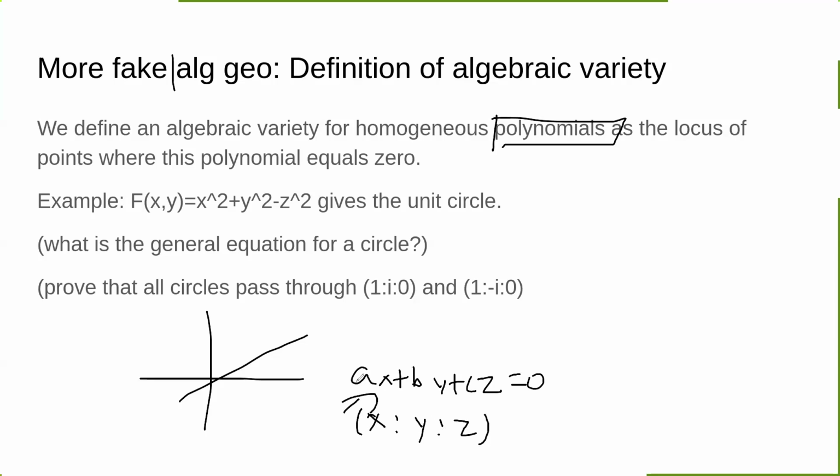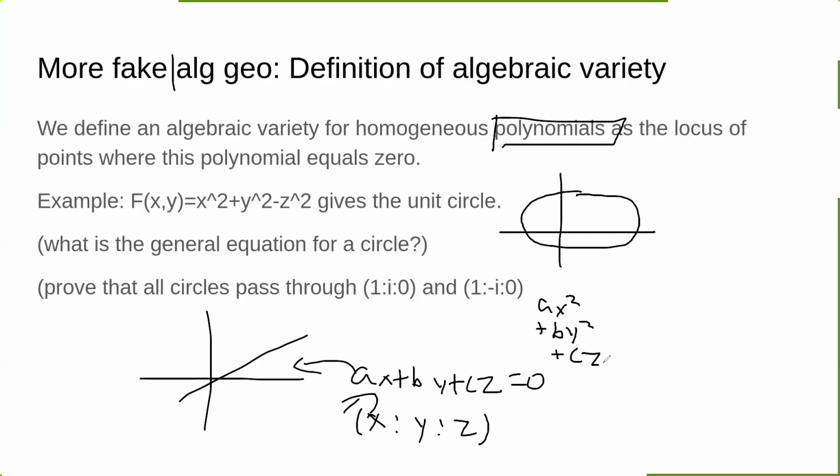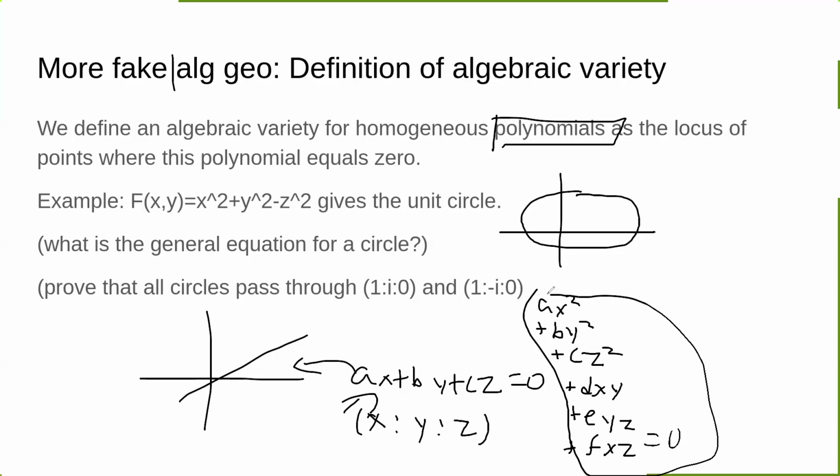This will give a line, and a conic would be something like this. It would be the zero set of this polynomial. Hopefully this kind of makes sense.